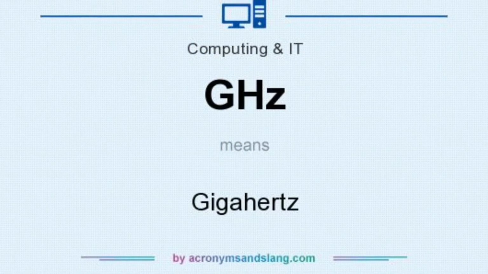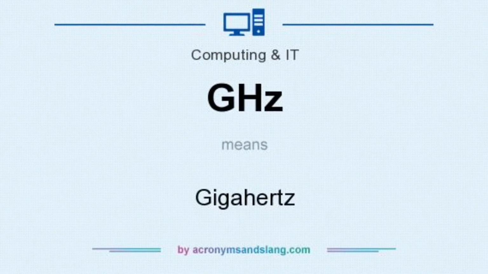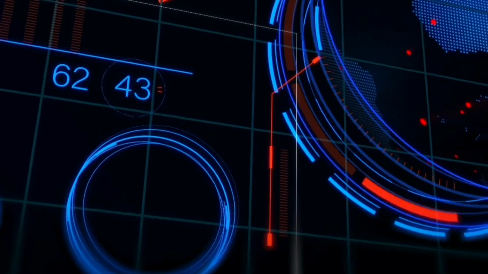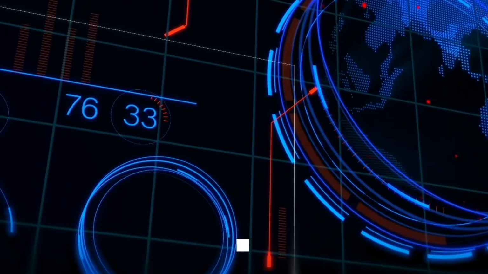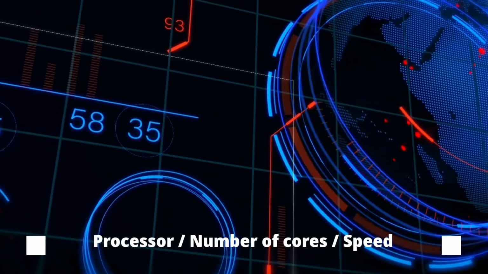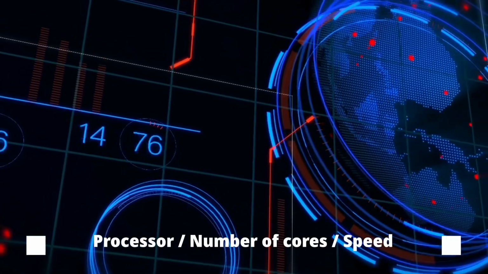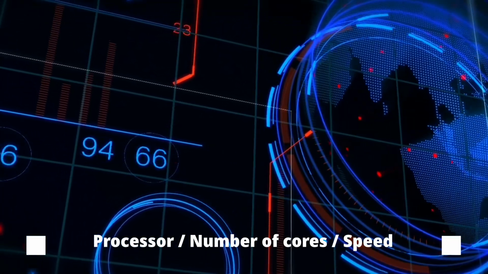And then we have what is called the speed, which is the frequency at which these cores work. These speeds are measured in gigahertz. I'm sure you must have heard people talk about, maybe, an Intel Core i5 with a quad core running at 2 gigahertz. I'm sure you must have heard terminologies like that.